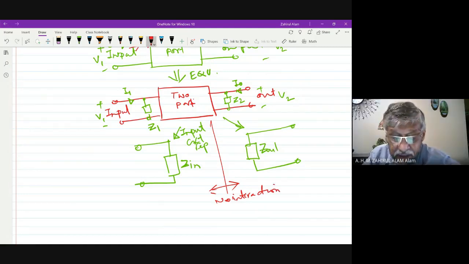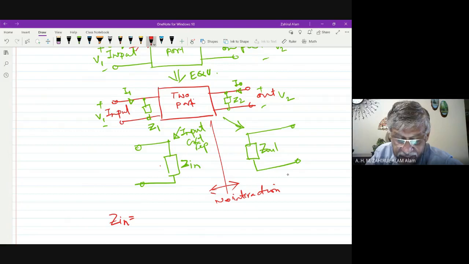Now how to find Z in? We need to apply Thevenin's theorem. Here we apply V1 and calculate I1 by turning off all independent sources.